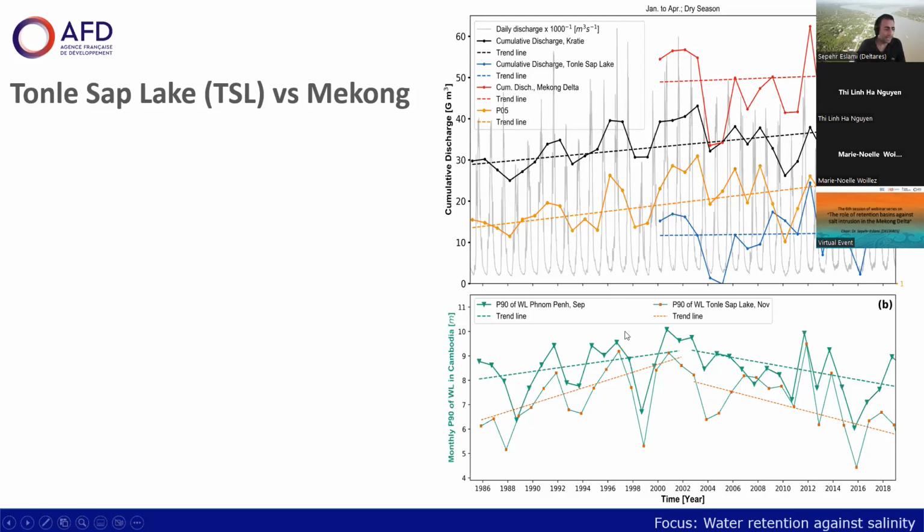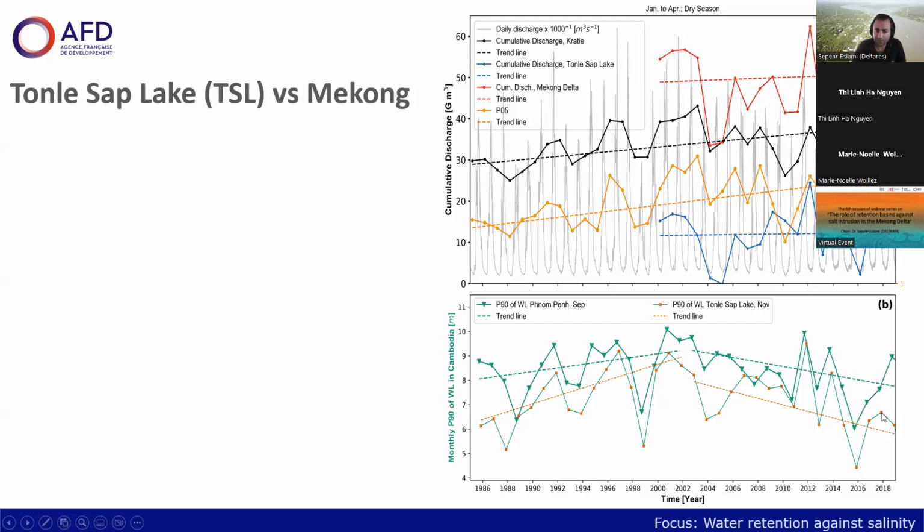And at the same time, we do see that water levels in Phnom Penh in the months of September and October, as well as in the Tonle Sap Lake, were on the rise before the start of the century, and at the start of the century they start following a declining trend.